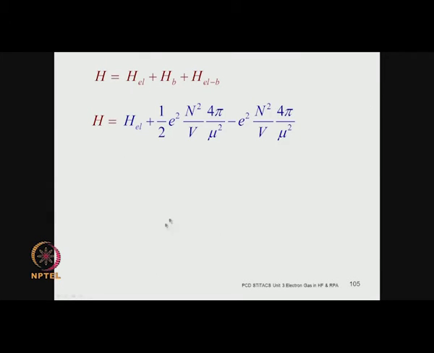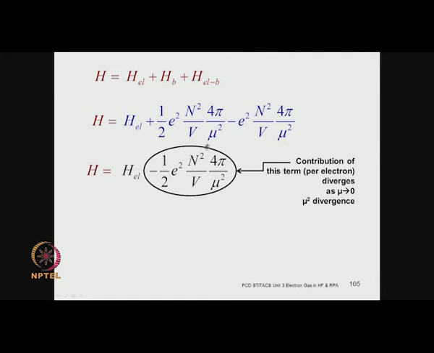If you combine the two, you have a net term which is minus half e square n square over V times 4 pi over mu square, and this term also has a mu square divergence. Okay, we perhaps would have been happy if these two terms had cancelled each other, but that has not happened. But that is not a worry, because there is more to come, and that will give us the tools to take care of the mu square divergence.